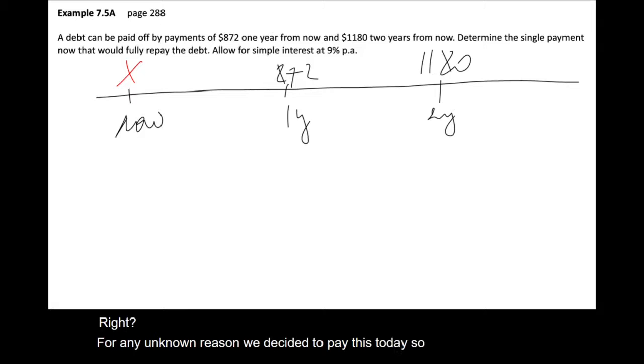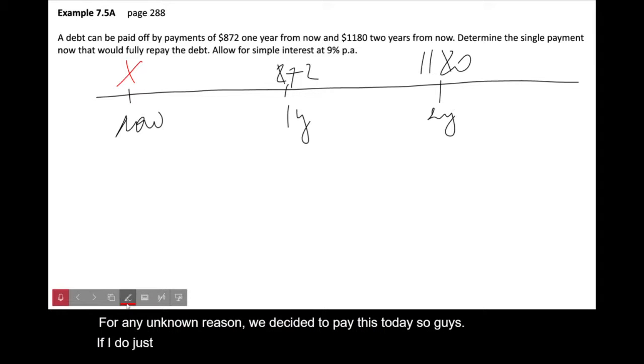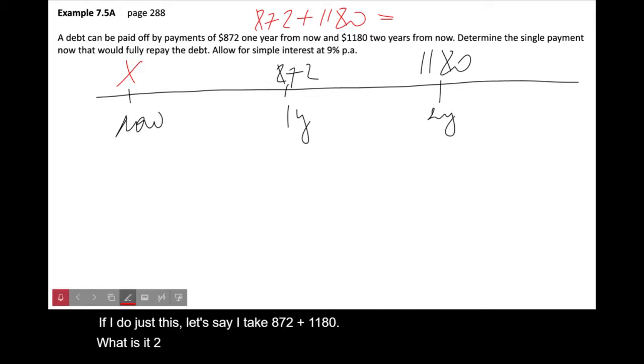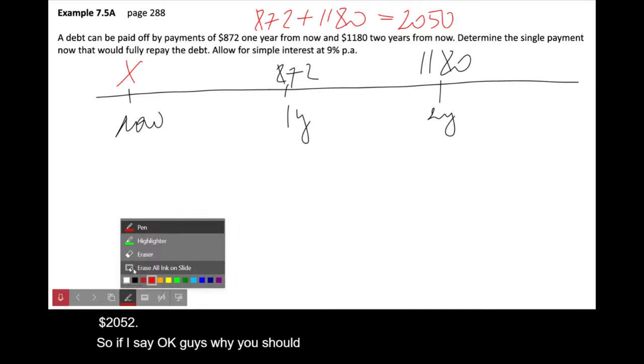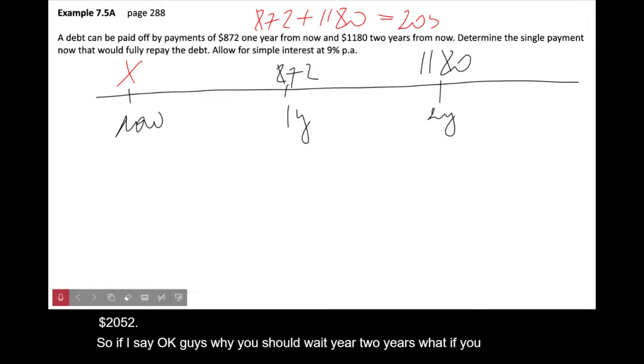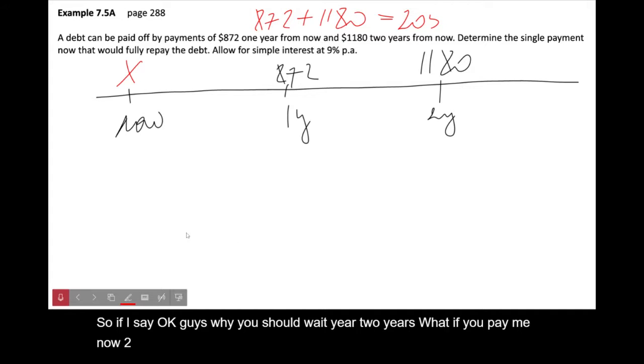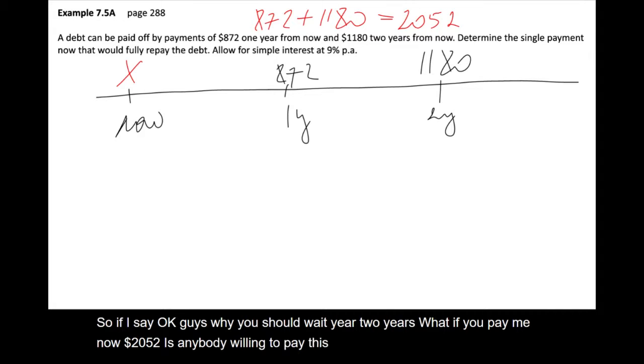So guys, if I do just this, let's say I take 872 plus 1,180. What is it? 2,000-something. Let me check. 872 plus 1,180, $2,052. So if I say, okay, guys, why should you wait a year, 2 years? What if you pay me now $2,052? Is anybody willing to pay this amount now?